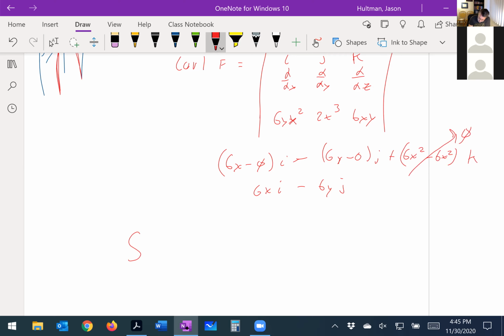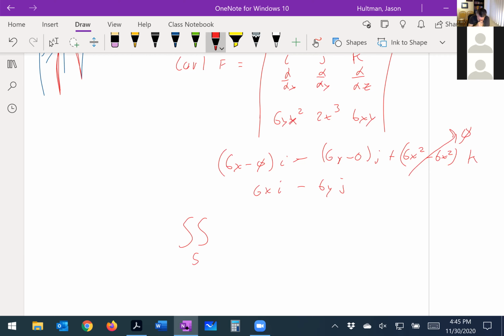Yeah, the integral over C of F dot dr, right?